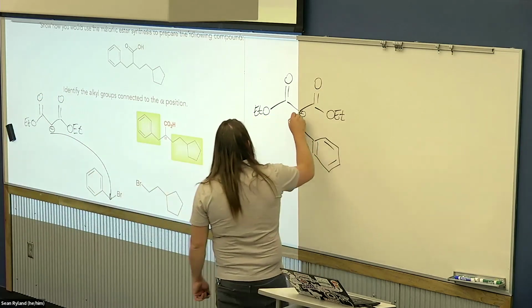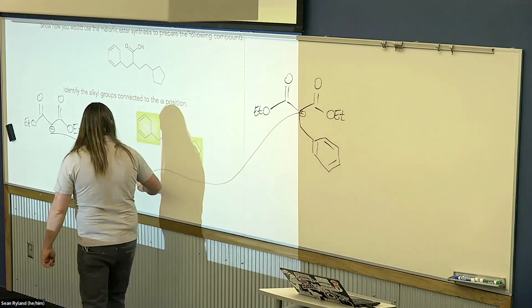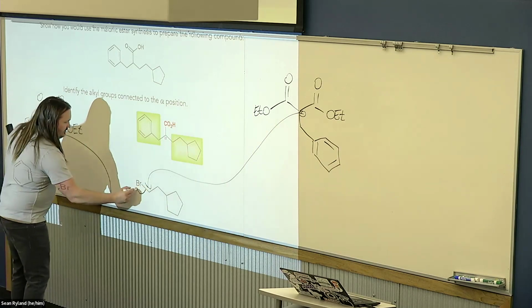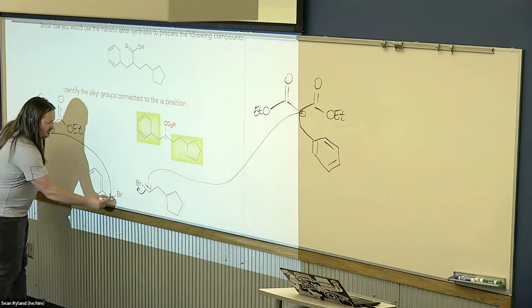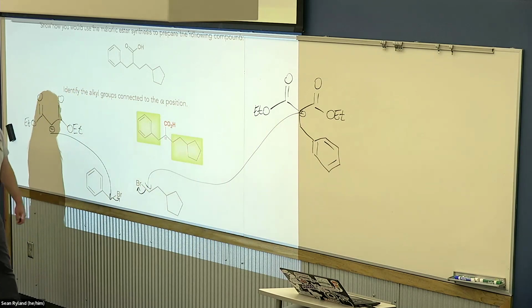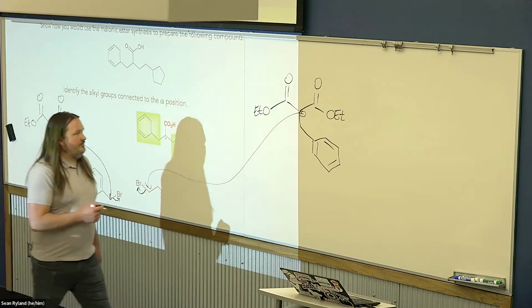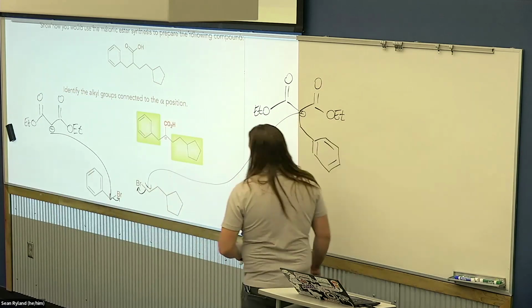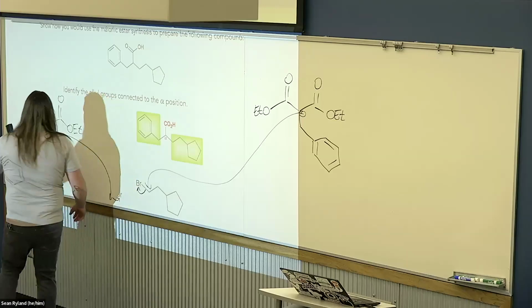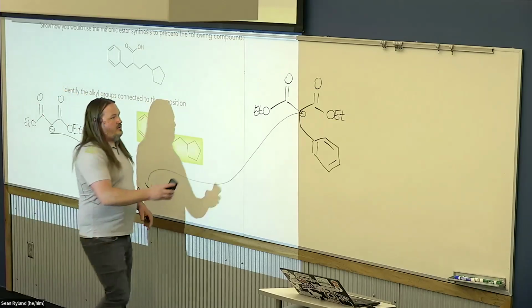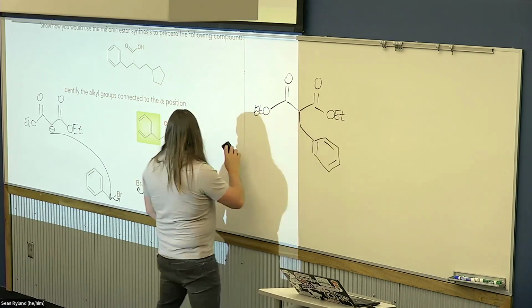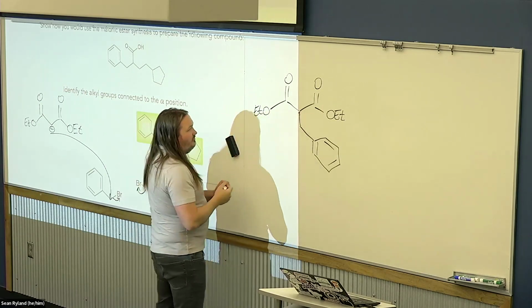Then you expose it to the second alkyl halide, where the leaving group leaves, an SN2 process.